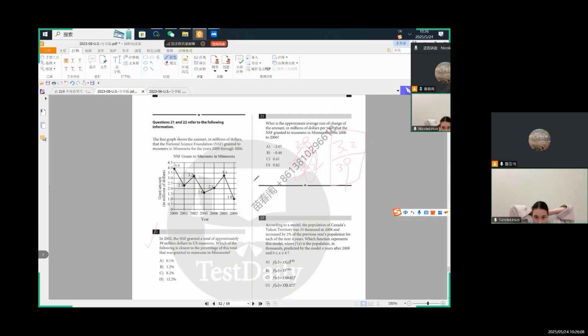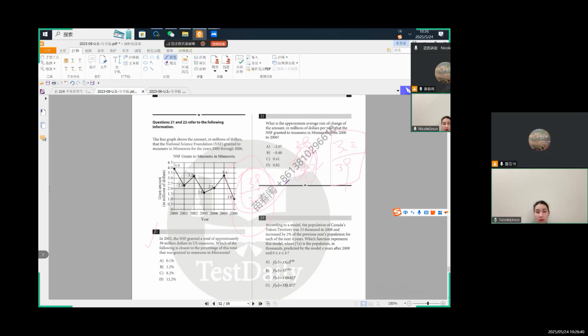Even if you make it the opposite, it's 39 over 3.2, which is more than 10, which means it's more than 1,000 percent. Even if you do that, you don't even have an answer, right? What I did the first time was 3.9 and 3.2 instead of 39 over 3.2. But just now, I did 39 over 3.2.